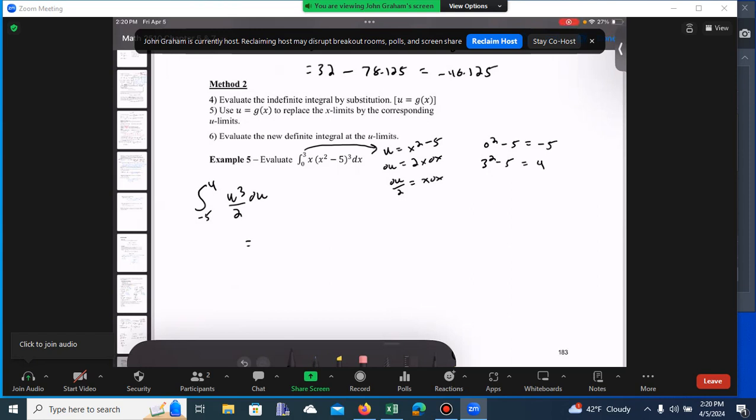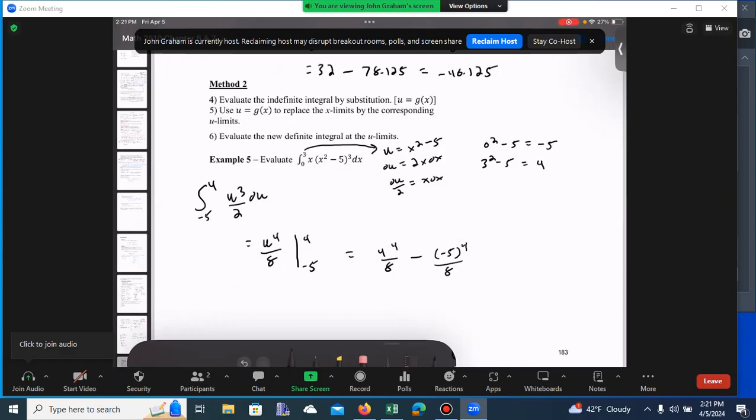And so when we do the antiderivative, we'll do u to the 4th over 8, evaluated from negative 5 to 4, which becomes 4 to the 4th over 8 minus negative 5 to the 4th over 8.